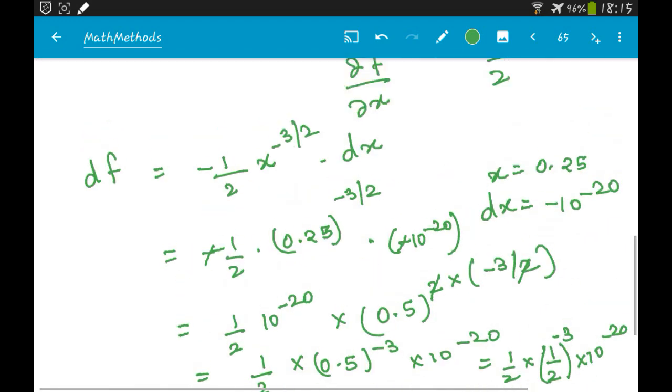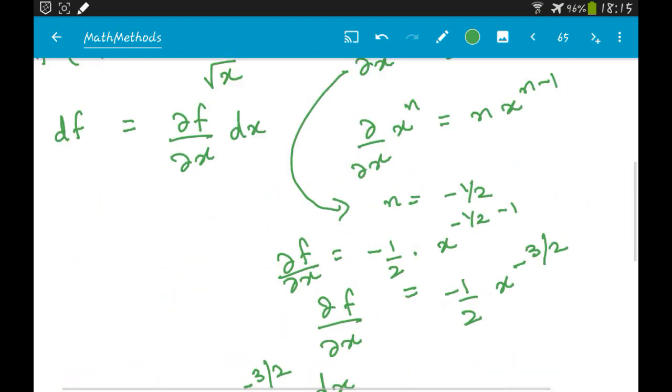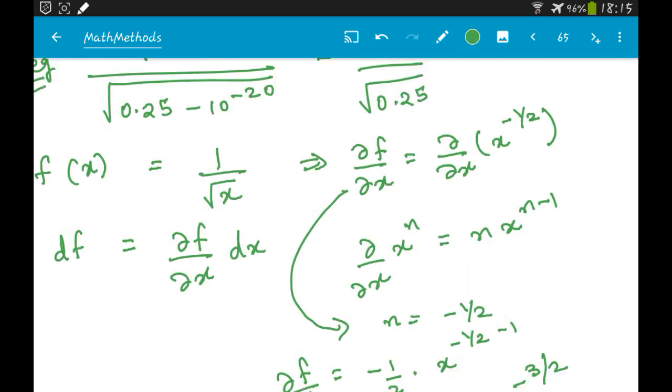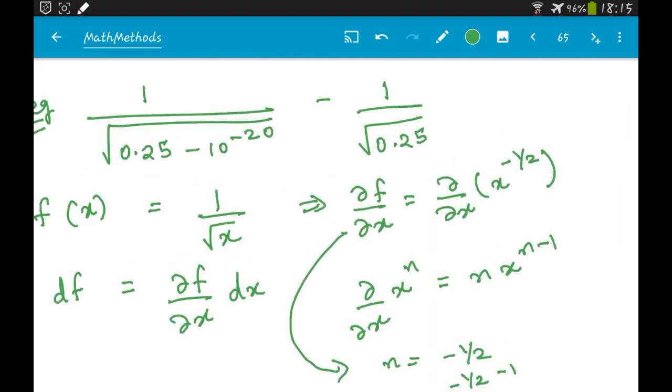So if you're given something like this, this is an approximation. Of course this will be quite close. If you use a calculator, you will see that this is what you get. If you're given something like this, you see that it looks like the form of 1 by root of, let's call a variable x, and the two factors are only different by 10 power minus 20.